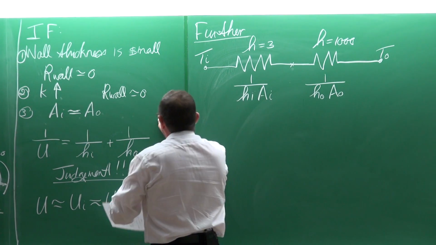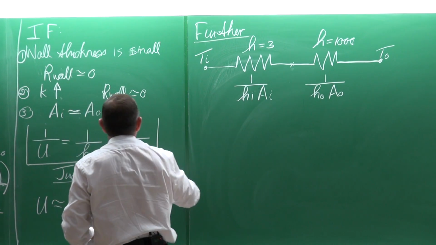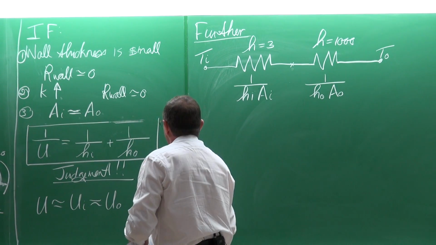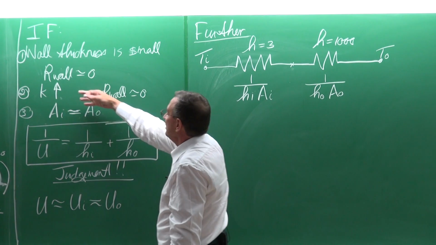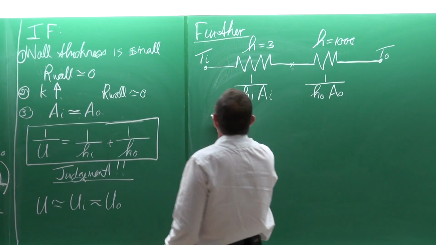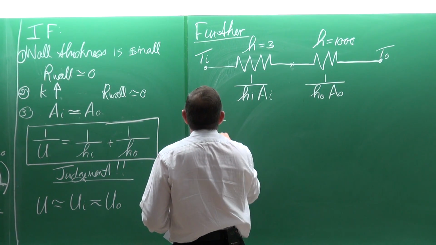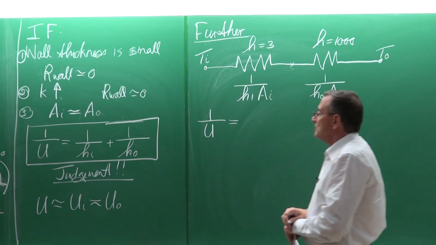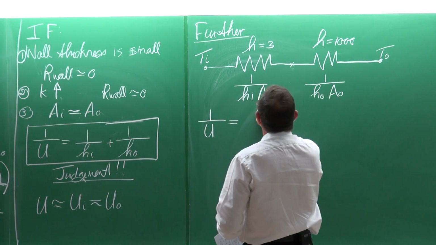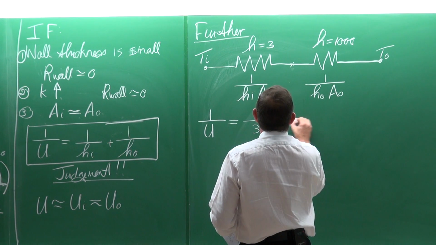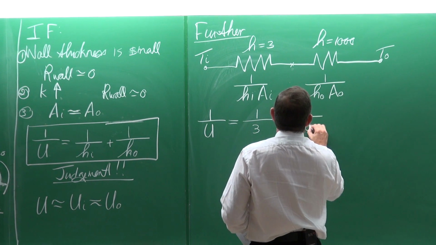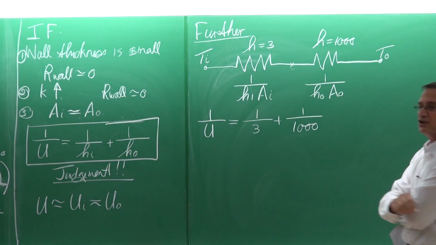So if we now look at this case that we've discussed, thin wall, high thermal conductivity, then it means 1 divided by U would be equal to 1 divided by the inside heat transfer coefficient plus 1 divided by the outside heat transfer coefficient.